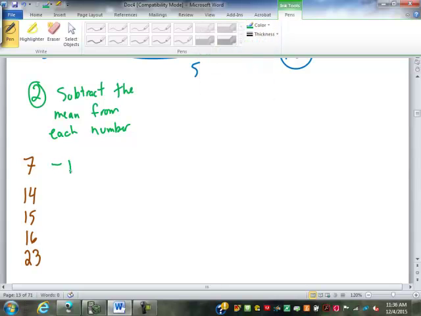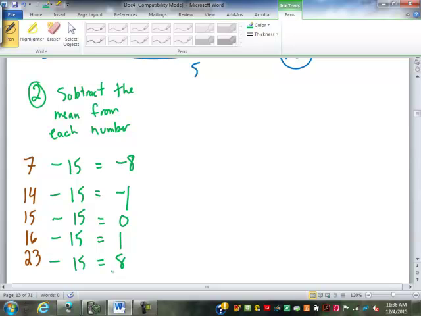So 7 minus 15 is negative 8. 14 minus 15 is negative 1. 15 minus 15 is 0. 16 minus 15 is positive 1. 23 minus 15 is 8.